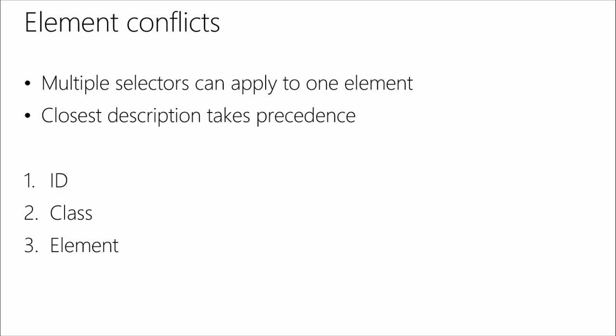The best way to describe this is whatever best describes the element. So if I say globally, I want all div tags to be something, that's going to apply first. And then if I say I want a particular class to be something, that's going to apply second. And then the ID is going to apply third. Again, last right wins. Or, the more positive way, what's going to be more important? ID is more important, and then class, and then element.